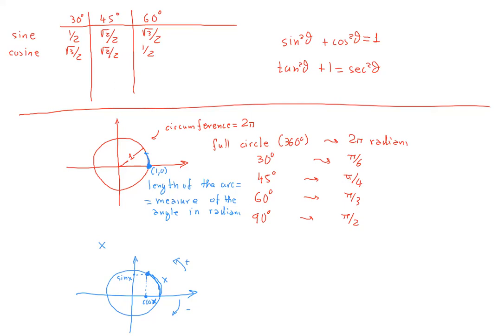And now you get functions that are defined for all real numbers, and they have very nice graphs that pretty much repeat every 2 pi. So this is the graph of sine. The graph of cosine is exactly the same. It's just shifted by pi over 2.